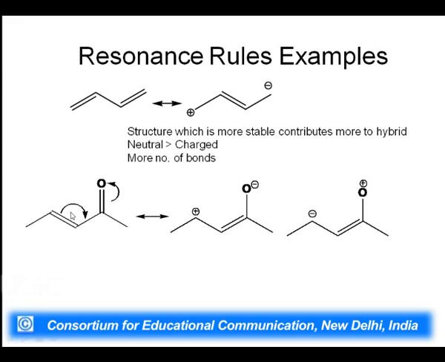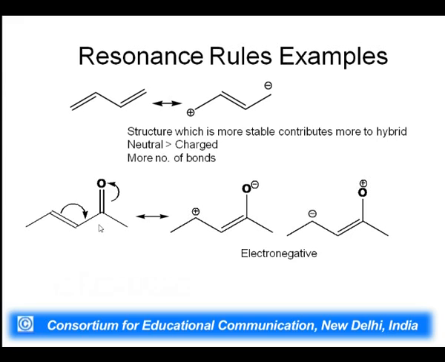In one, the electron movement is as shown in the arrows, and in the second one, the electrons are moving in the opposite direction, but the rule says that the more electronegative atom should have a negative charge. So, out of these two structures, this is the one which prevails and this is not happening at all.